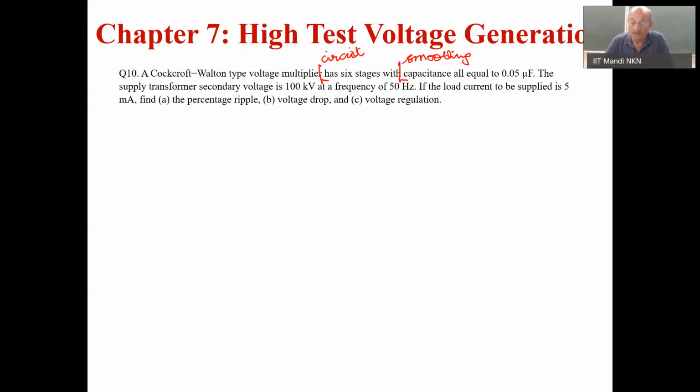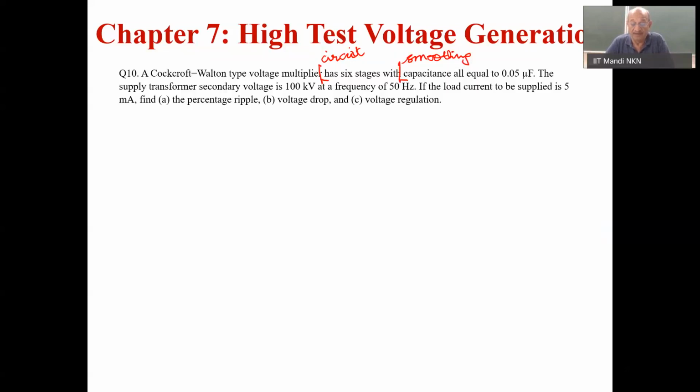All equal to the smoothing capacitors, normally in multi-stage, they are all equal, of the order of 0.5 microfarad. The supply transformer secondary output voltage is 100 kV, unlike in the previous example 125 kV, at a frequency of 50 Hertz.